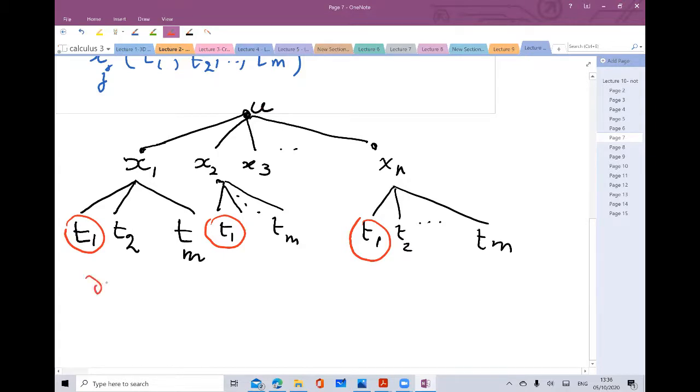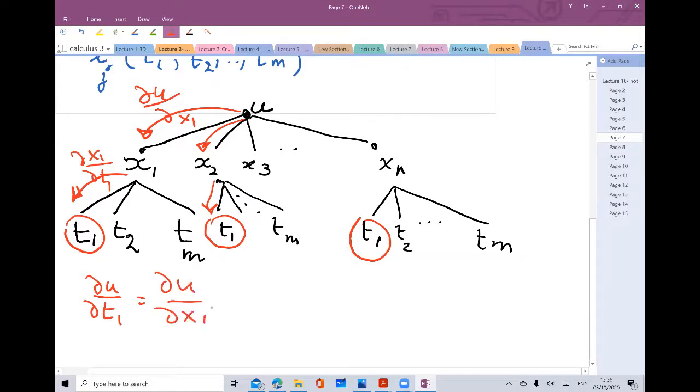So partial u partial t1 will be equal to, moving along each branch like this, partial u partial x1 times partial x1 with respect to t1. The second branch will be u with respect to x2, then x2 with respect to t1, and so on. So partial u partial x1 times partial x1 with respect to t1, plus partial u with respect to x2 times partial x2 with respect to t1.